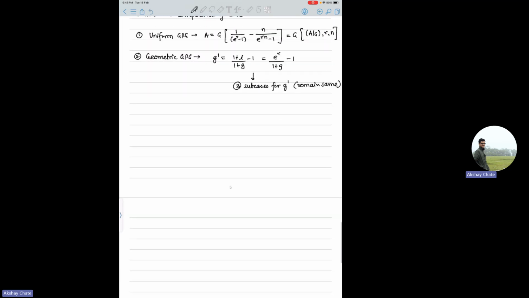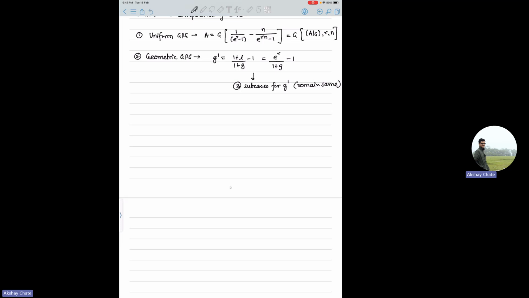There is no change there, because G is not a function of I. It's a separate parameter. So only I is replaced by e power r minus 1. So this was the whole summary of the formulas that are added because of continuous compounding.